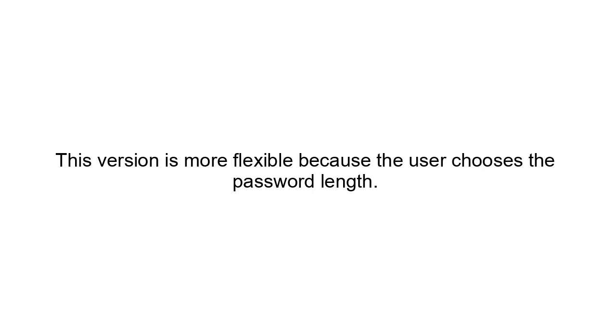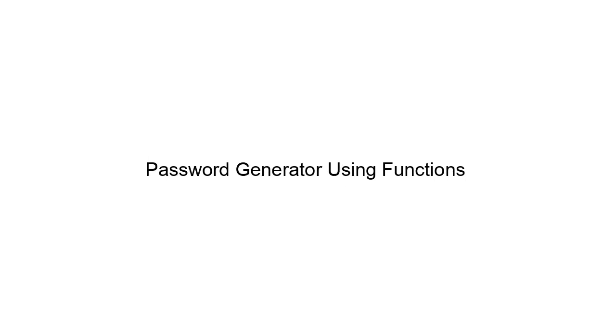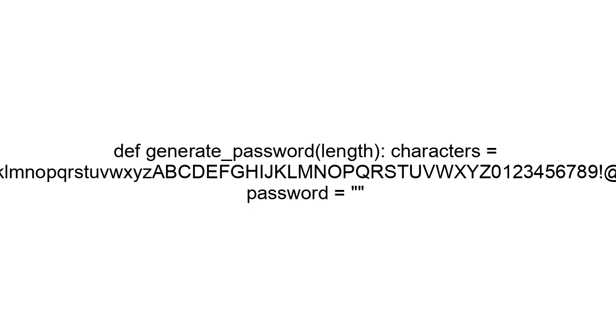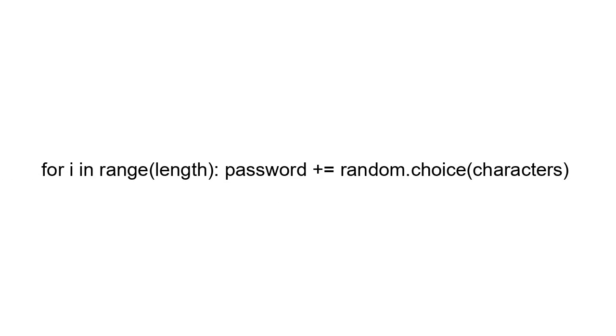Password generator using functions. A cleaner version can use a function. Import random. Def generate_password length: characters equals the lowercase letters, uppercase letters, digits 0123456789, and symbols at, hash, dollar, percent, and asterisk.